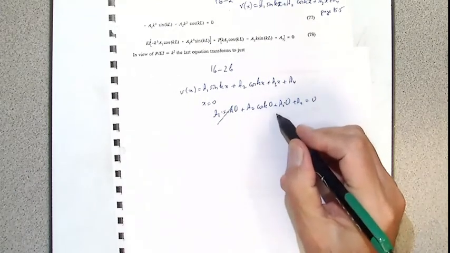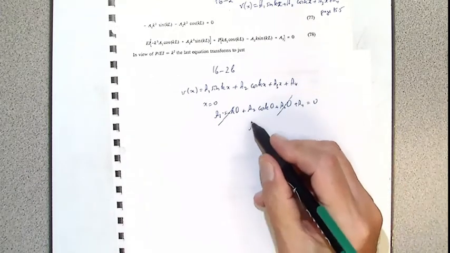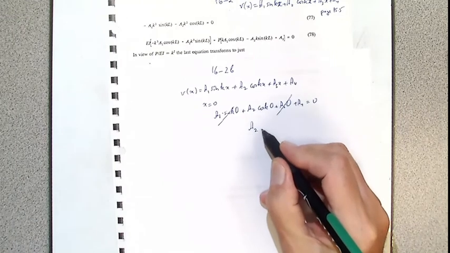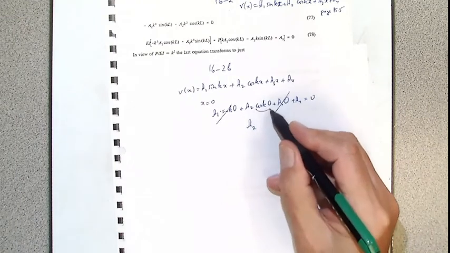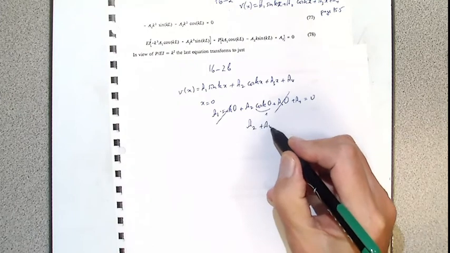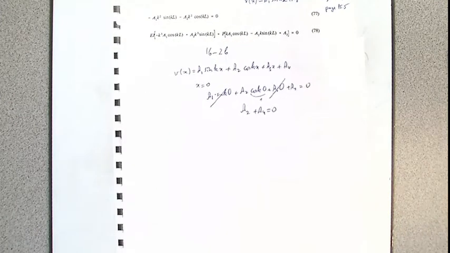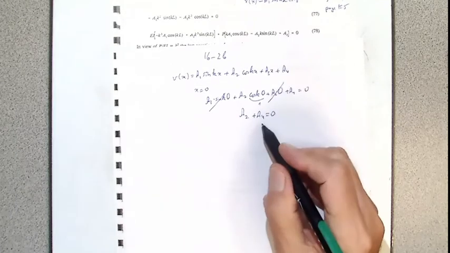This is 0 also. So I get A2 plus, this is 1, plus A4 equals 0. That is one condition.